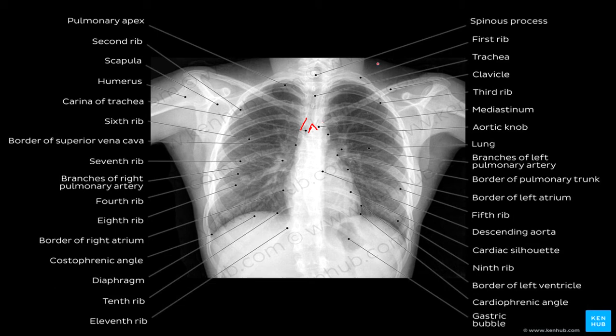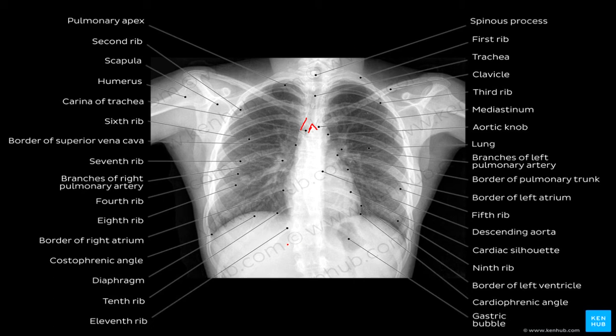It's important because the right bronchus is the most common site of aspiration of a foreign body. If somebody is coughing or tries to eat some particle, and this particle goes through the trachea to the lungs, you can find it in the right bronchus.